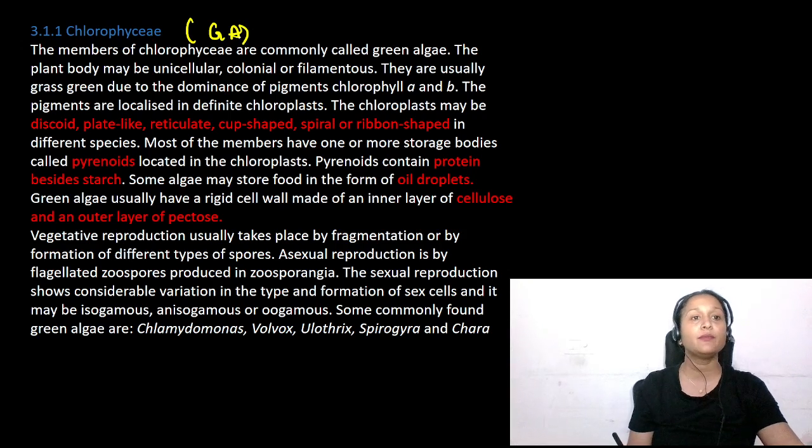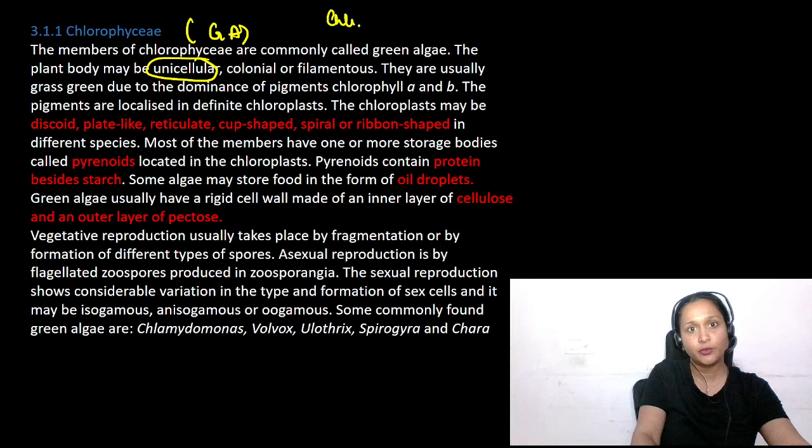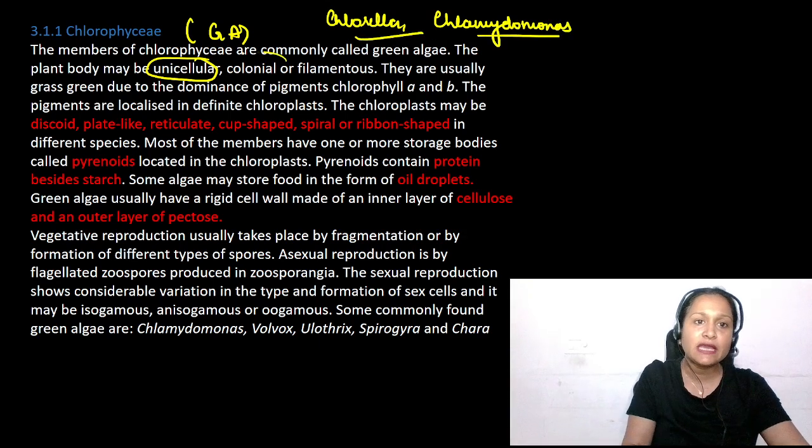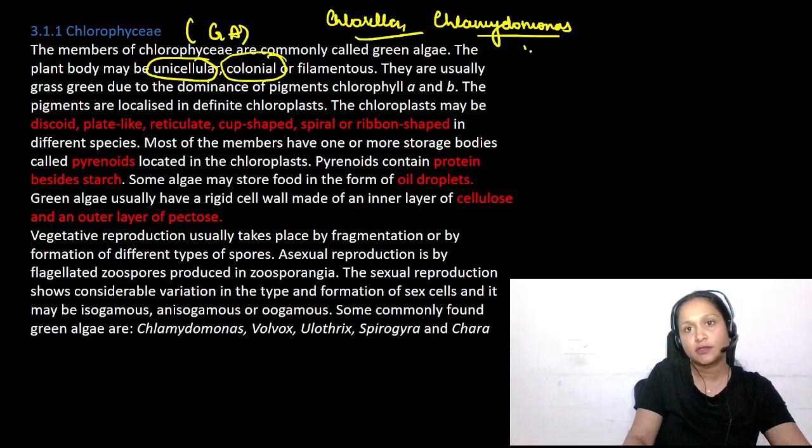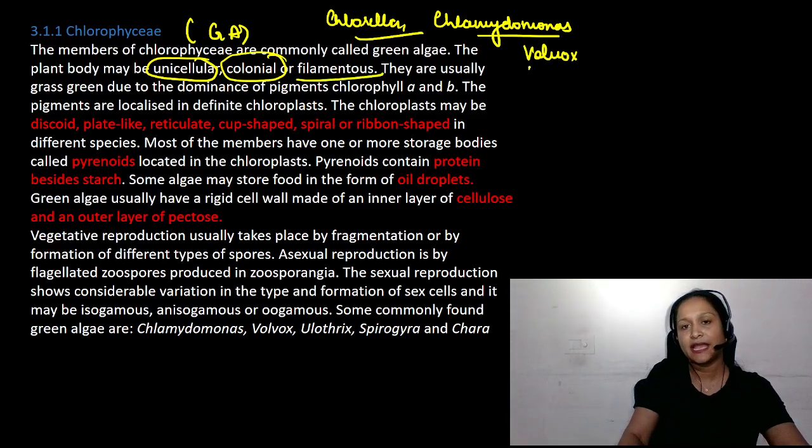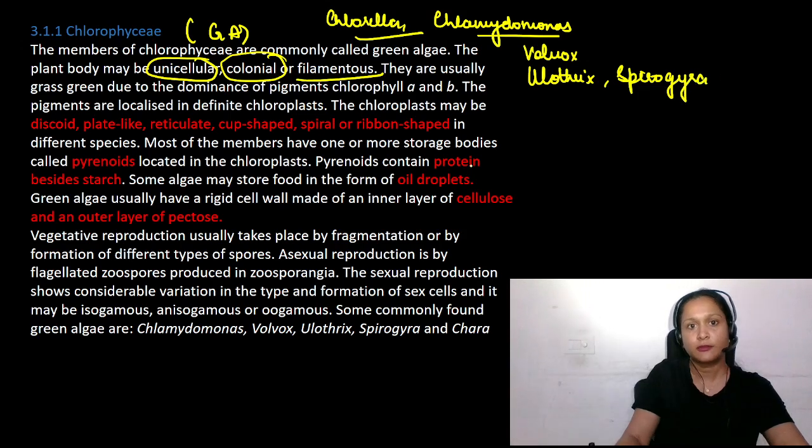If you see, their body can be unicellular like your chlorella, chlamydomonas. These are unicellular. Even they are colonial like your volvox, or they can be filamentous like your ulothrix, spirogyra.